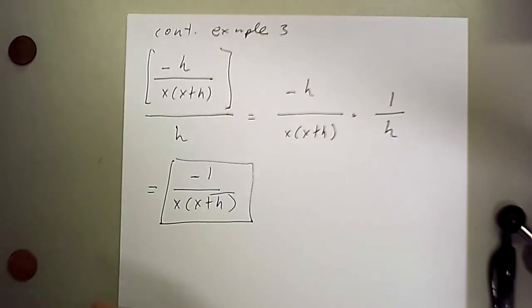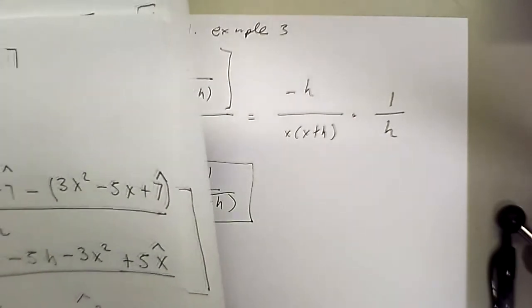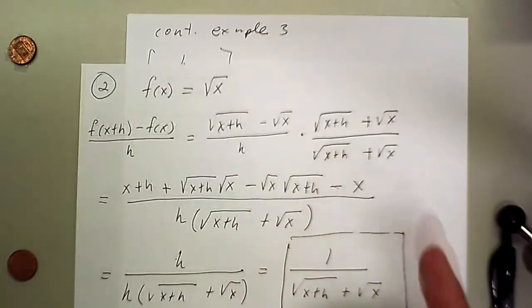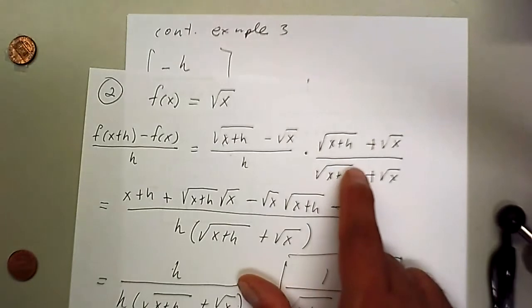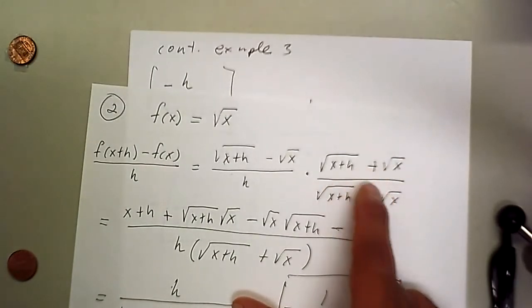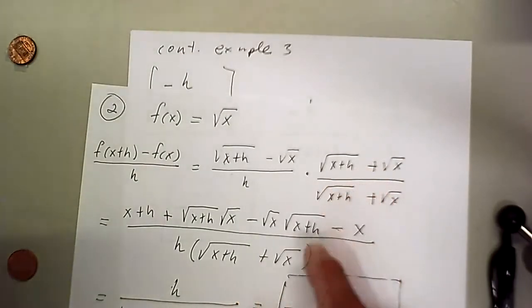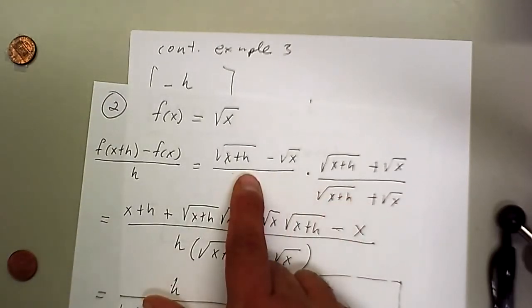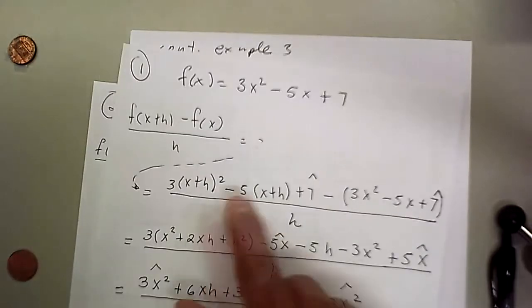Over the years, I have noticed that students apply this method of multiplying by the conjugate to everything. That's the most common mistake I've seen. They say, oh, we're going to multiply by the conjugate, and that's going to do it. Well, that only works if we have a square root. Otherwise, in this case, we did not multiply by any conjugate.